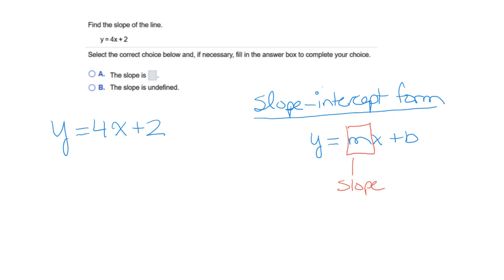The equation that we have is already solved for y, so the number in front is my slope. So slope is equal to 4. So we would choose answer A and type in the number 4.